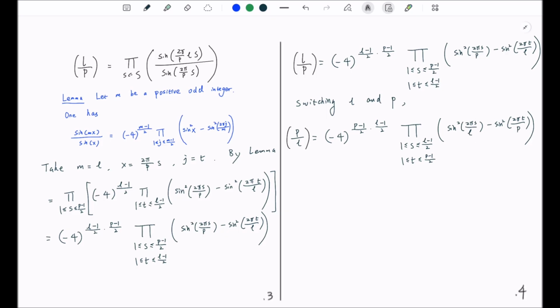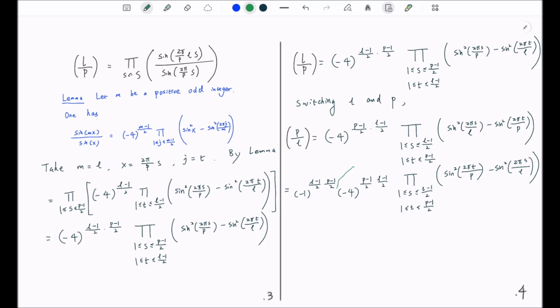Namely, we want to swap these two. Swapping all of them will create an additional factor, negative 1 to the power this thing times this thing. And now, let me put this to the front and this to the second place.